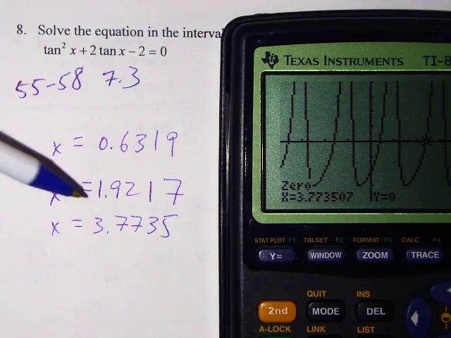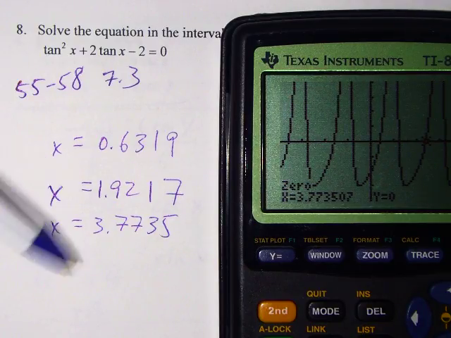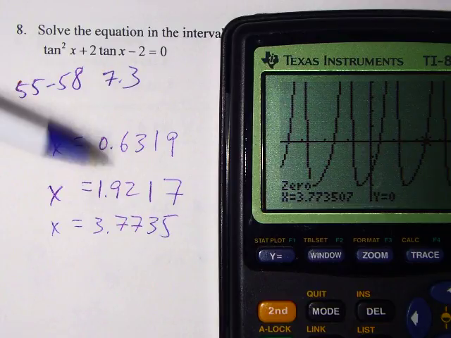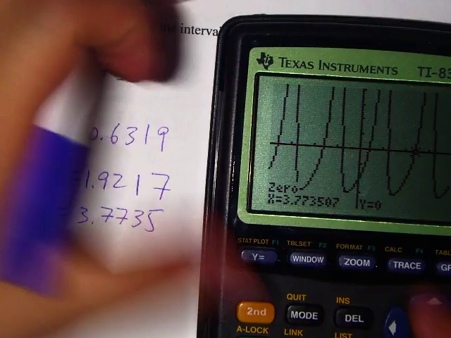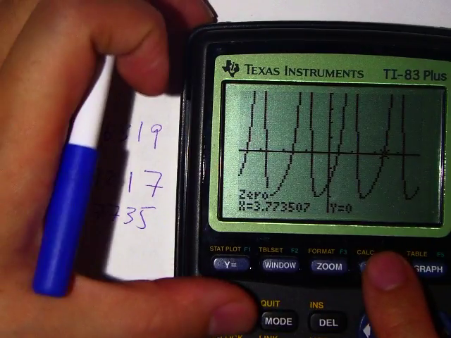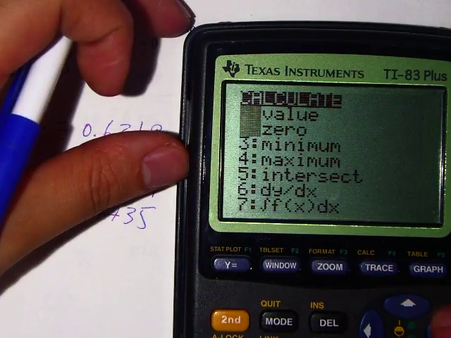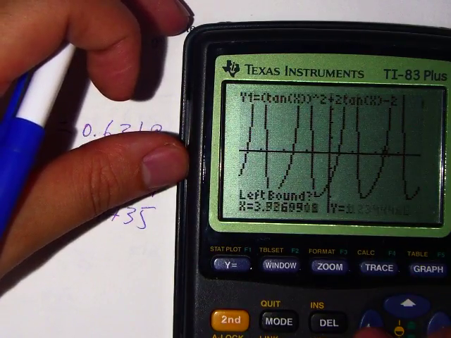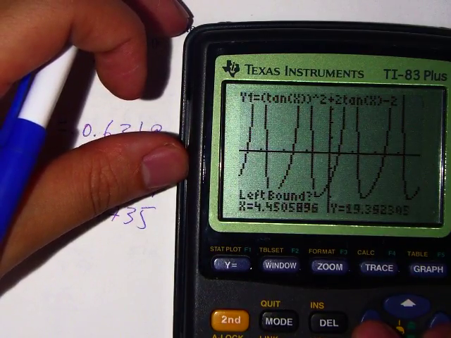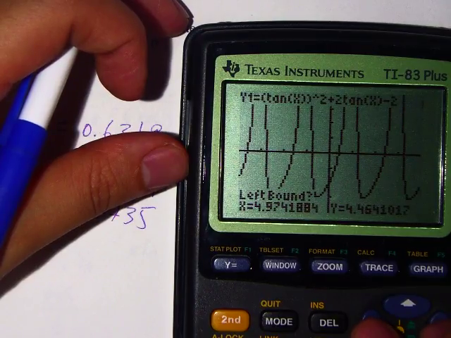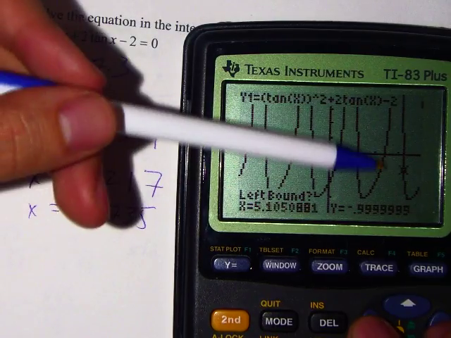1.92 plus 3.14 is a little bit over 5. So let's see if our final answer is a little bit over 5. Let's calculate our last 0. It's going to come back down. Again, we have to go back up.